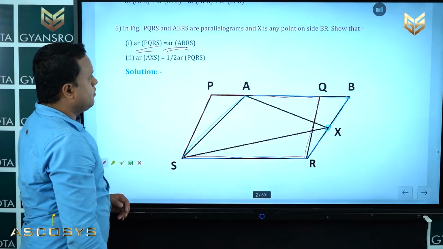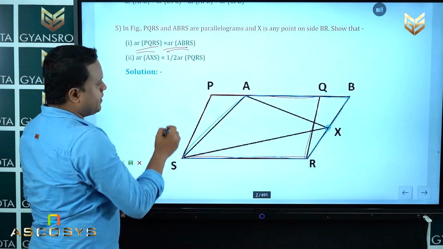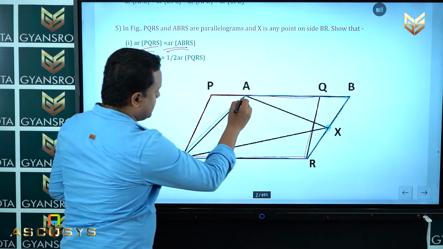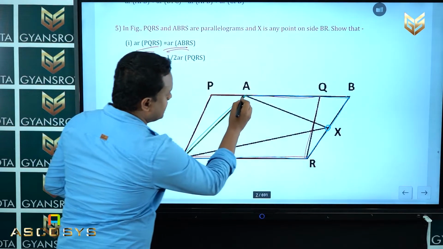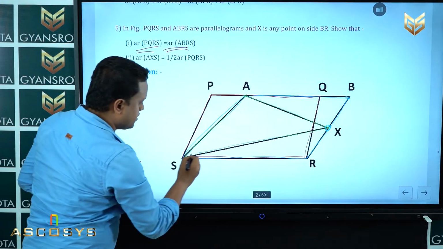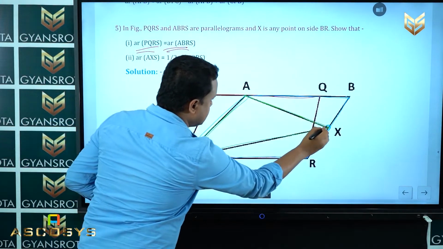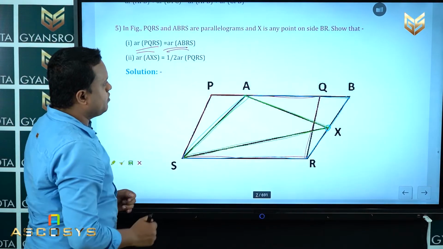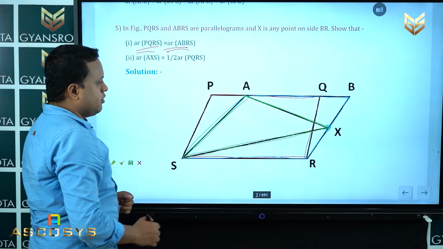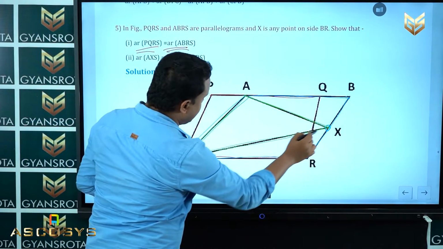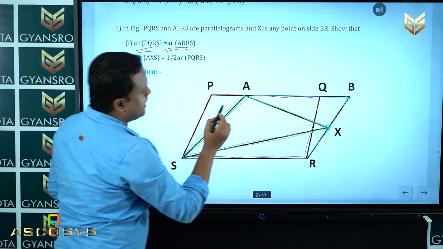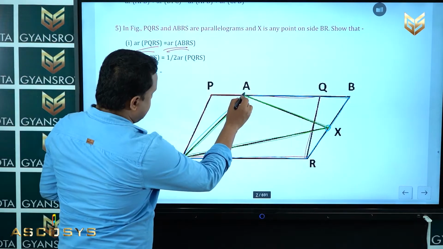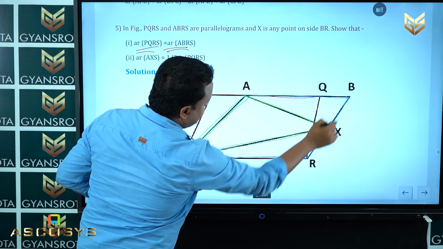Okay. Now the second question is the area of AXS. So this is the triangle AXS. The area of AXS is equal to half of PQRS, which we have to prove. Now where is this triangle AXS? It is in the parallelogram ABRS. Now AS is parallel to BR.